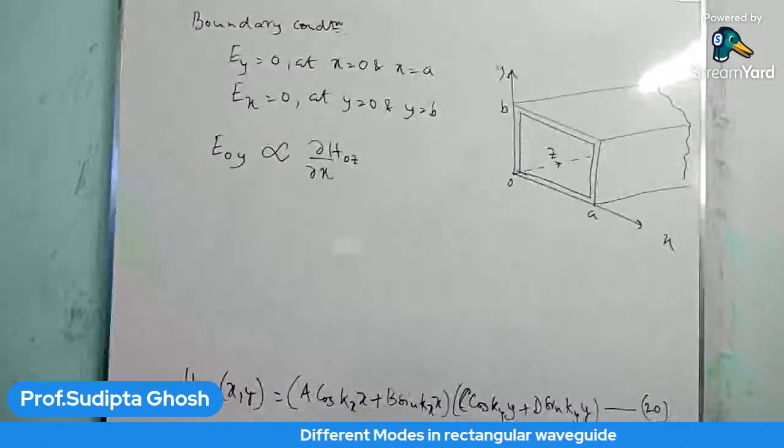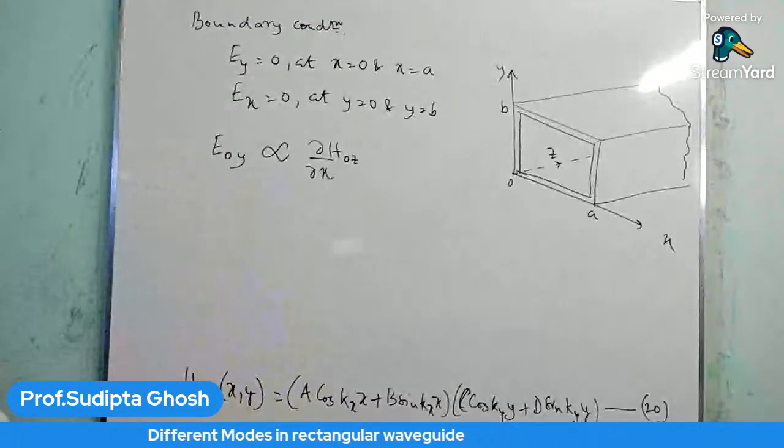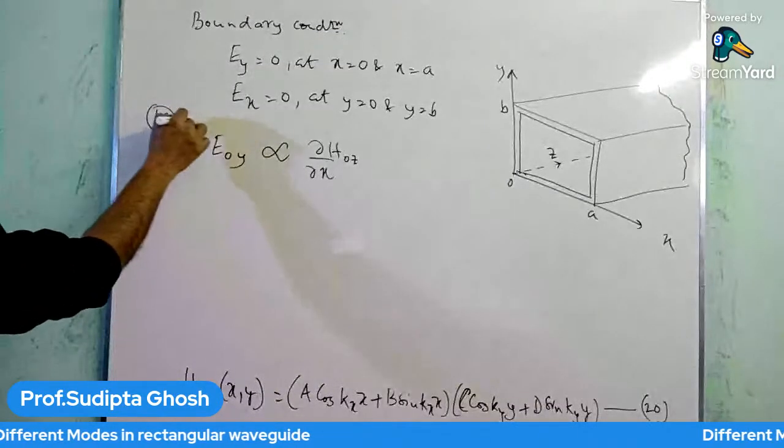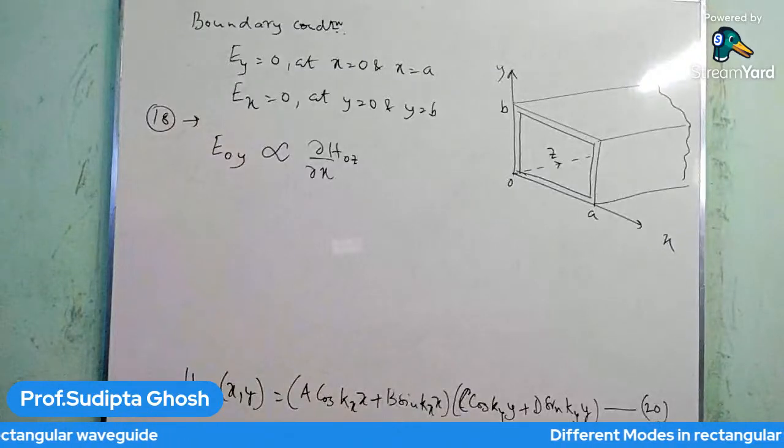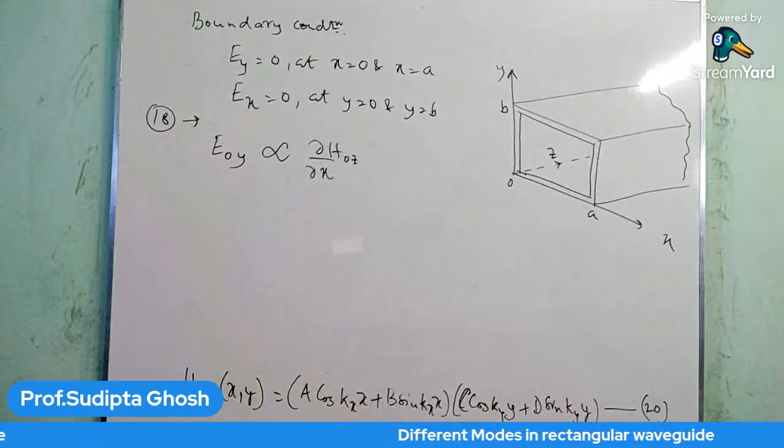So from equation 18 we can write that EOY is proportional to del x of HOZ.